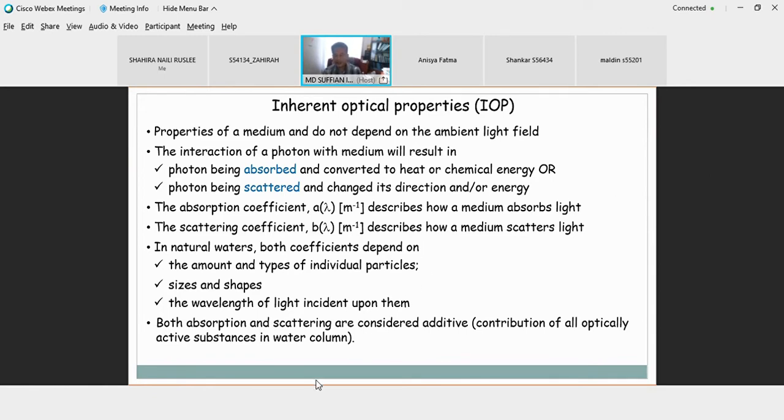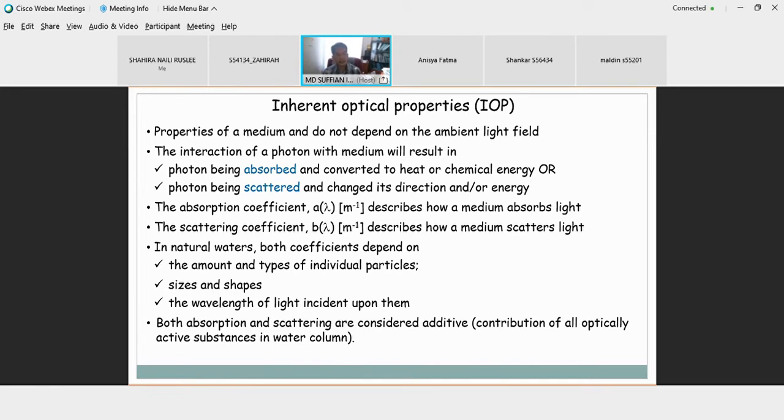So interaction with a photon, the smallest unit of light. Some will be absorbed and converted to heat and chemical energy. So cahaya yang diabsorb tu sama ada dia akan convert kepada heat ataupun dia convert kepada chemical energy. Sebagai contoh untuk pigment, for the process of photosynthesis.